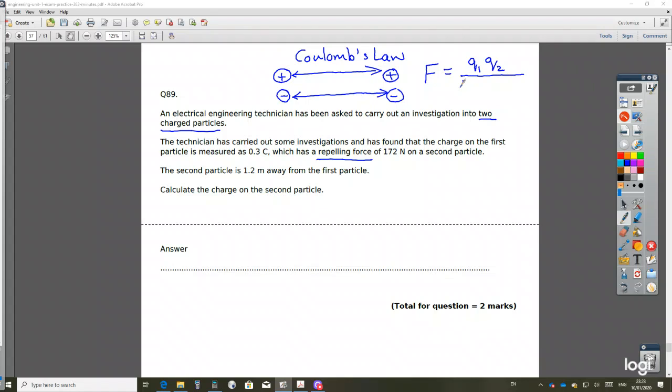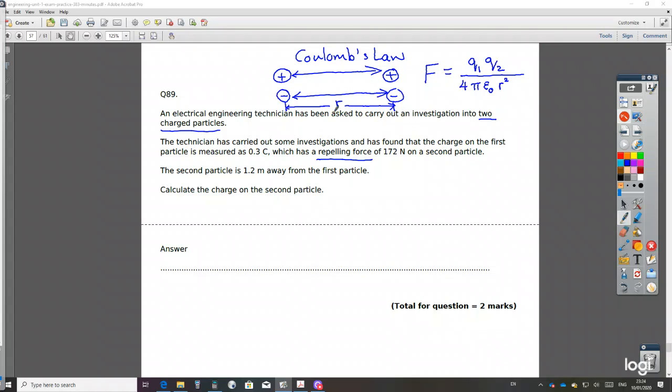Then it's divided by 4 pi epsilon 0, the permittivity of free space, times the inverse square distance. In Coulomb's law, it is convention to use r for the separation between the two particles, from centre to centre.